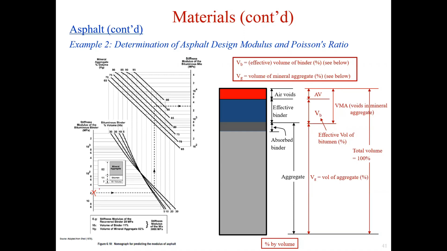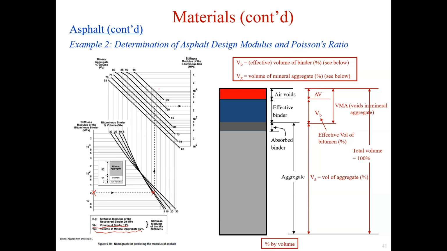If we know the effective volume of binder, VB, equal to 11%, and also the volume of mineral aggregate, VG, that's 82%, we can refer to figure 6.10. So we just draw a horizontal line through this 20 and find VB equal to 11% roughly here.